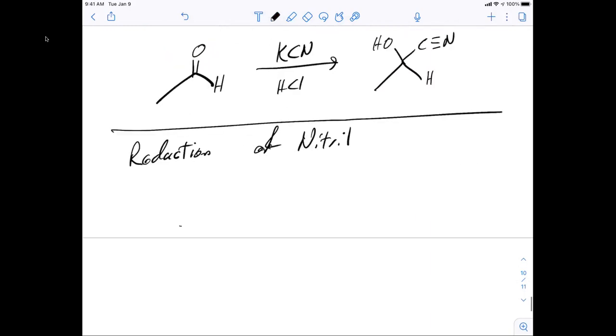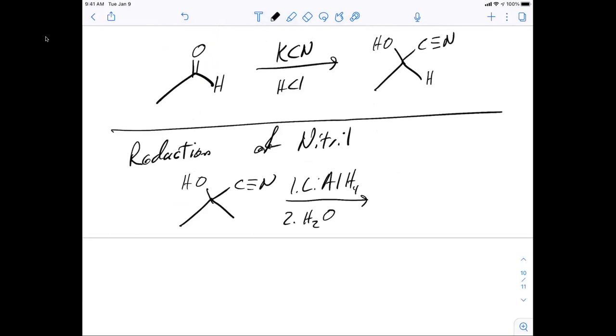So we take the cyanohydrin, and we react that with lithium aluminum hydride, followed by water. It has to be lithium aluminum hydride. Sodium borohydride won't react. We'll look at that in the next chapter in detail. But this will make the amine. This is a beta hydroxyamine. Beta hydroxyamines are biologically important compounds.